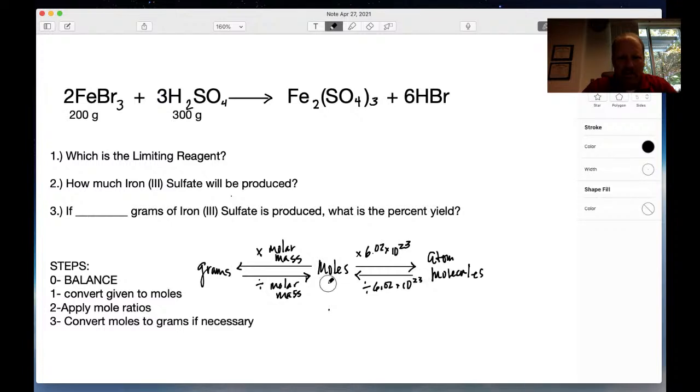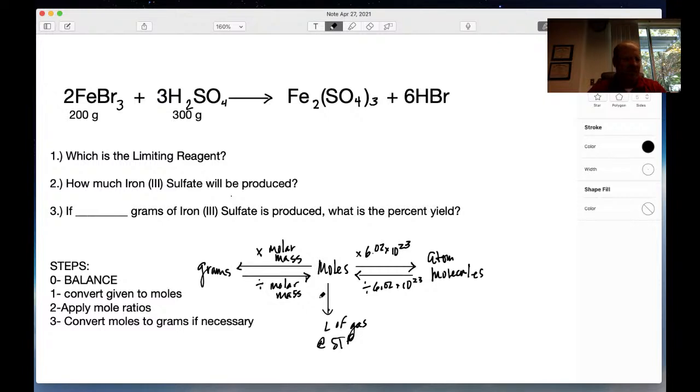And down here, this would be liters of gas at STP. If we're going away from moles, multiplying. If we're going towards moles, dividing. So just make sure we're there.